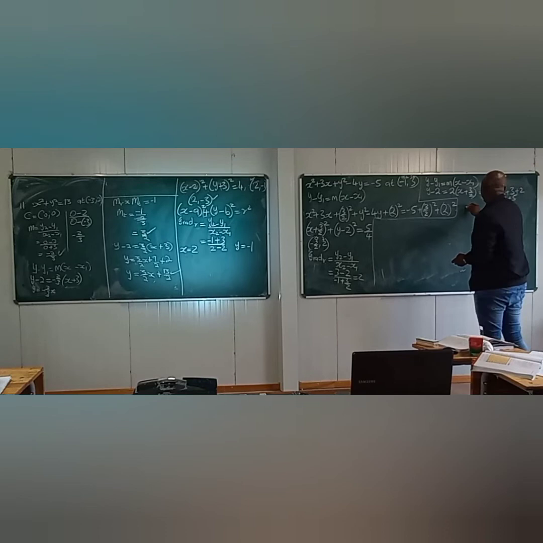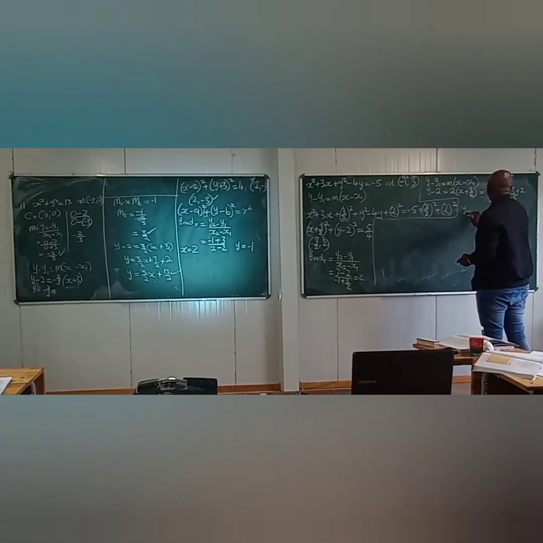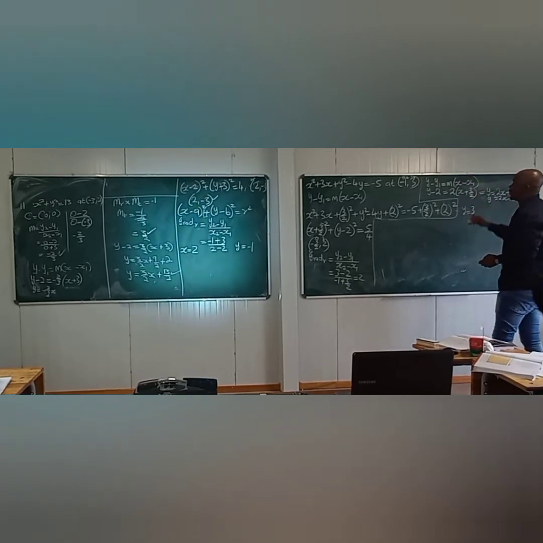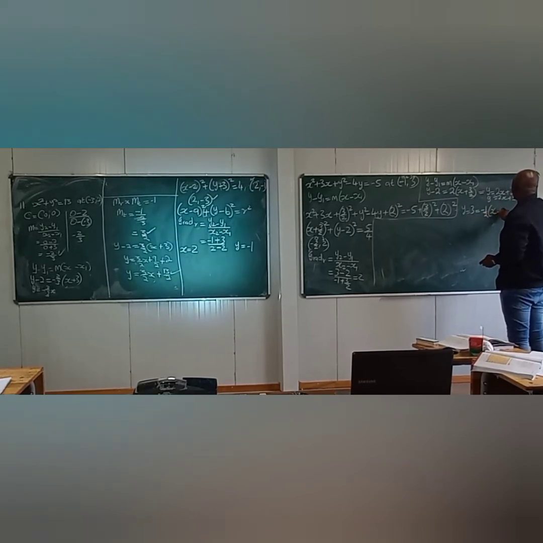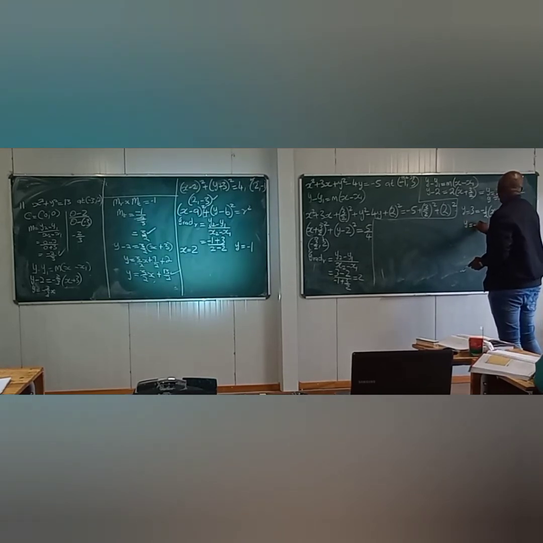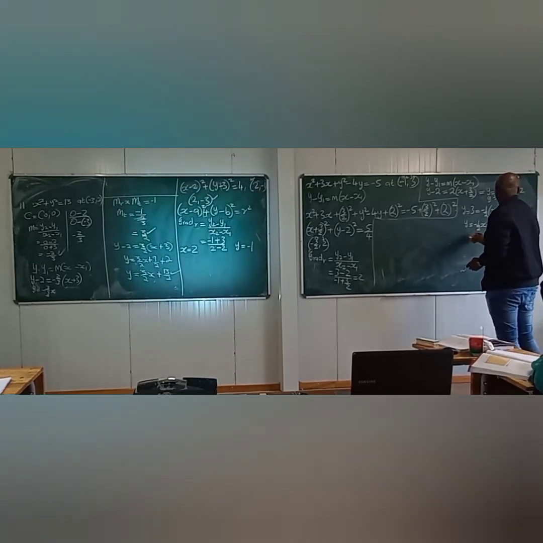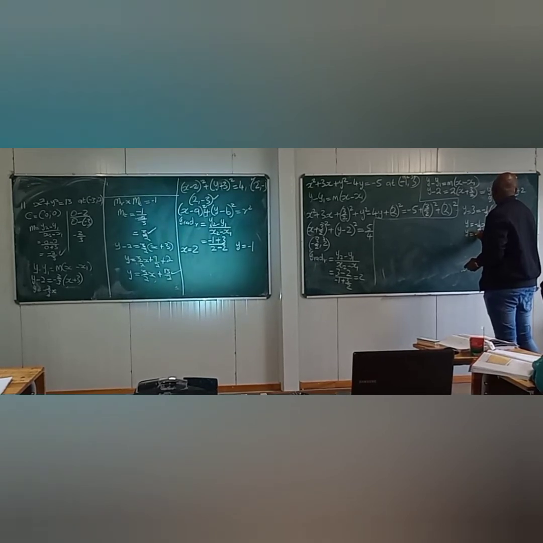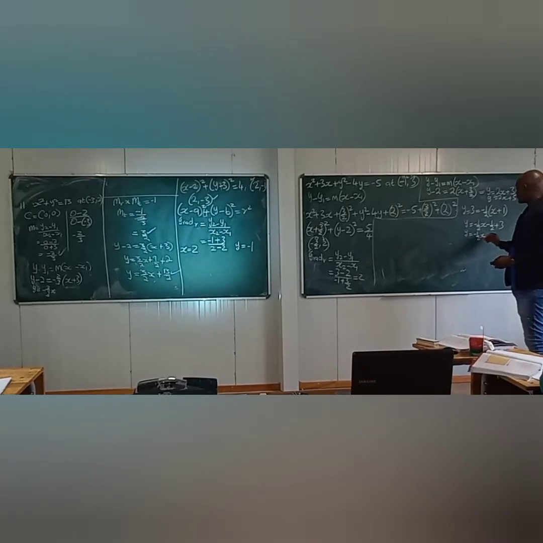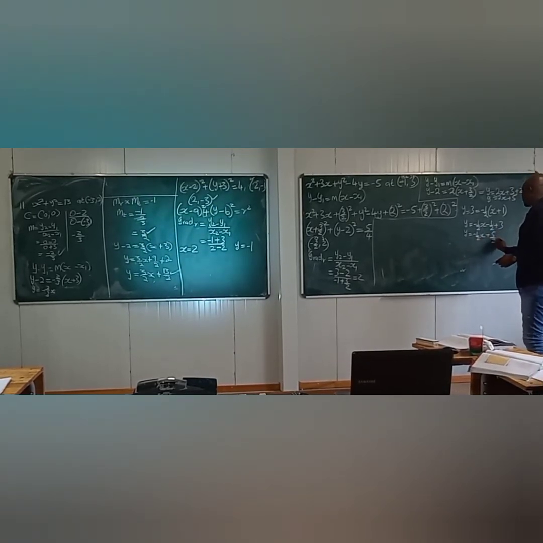So y minus 3 equals negative 1 over 2 into x plus 1. So y equals negative 1 over 2 x minus 1 over 2 plus 3, which gives y equals minus 1 over 2 x plus 5 over 2.